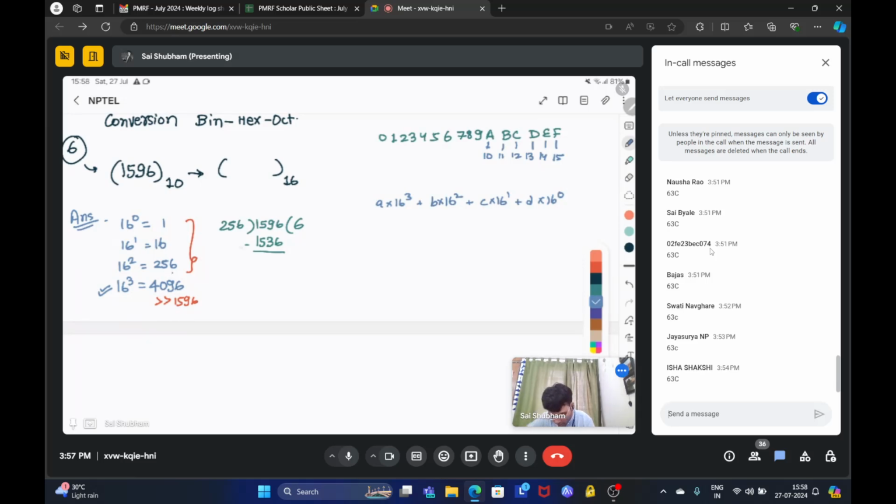Now we will divide 1596 by 256, and since we cannot divide 60 anymore by 256, we will divide 60 by 16.